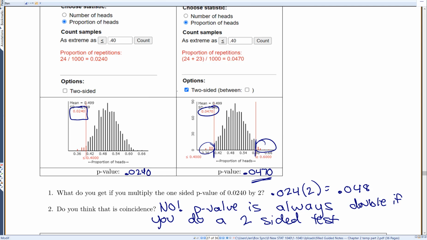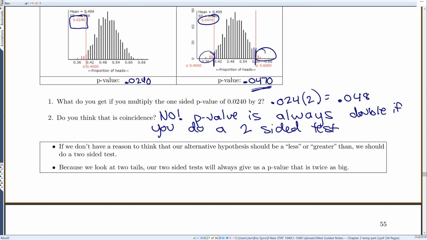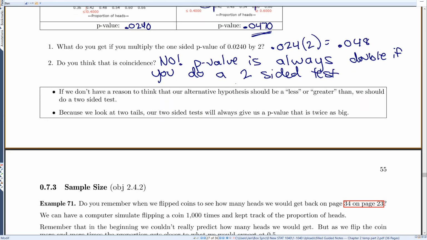They don't know which direction they think the hypothesis should go. They just look at both tails. So if you don't have a reason to think the alternative hypothesis should be a less than or greater than, you just do a two-sided test. But because you look at two tails, you always get a p-value that is twice as big. You know, accounting for rounding and simulations, if we did this theoretically or like a million times, they would be exactly double.